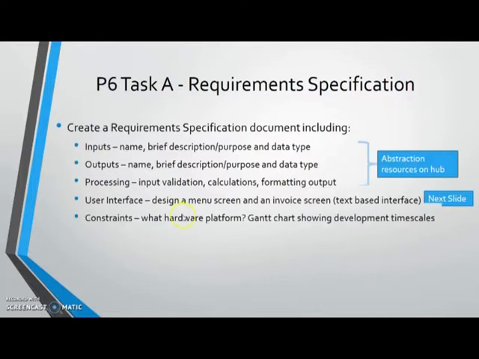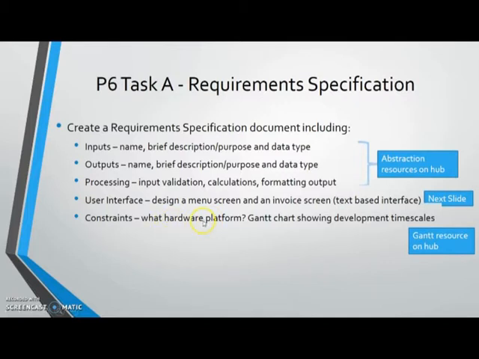Then finally, you've got to do the constraints of the program. What hardware platform you're going to use, and you've got to talk about timescales. So the best way to do that would be to create a Gantt chart. There's the Gantt chart resource on the hub, which is a little bit of a reminder, but you've created Gantt charts before. This part, the constraints, is very straightforward.